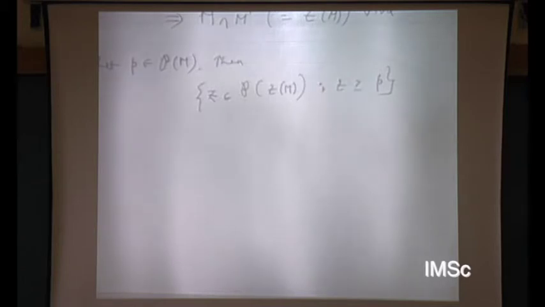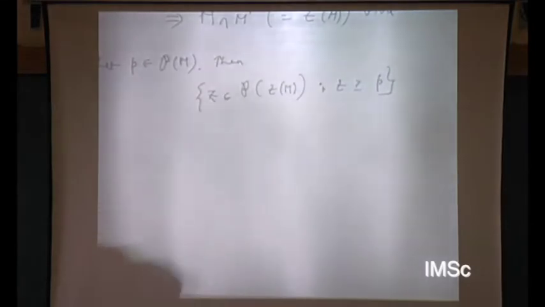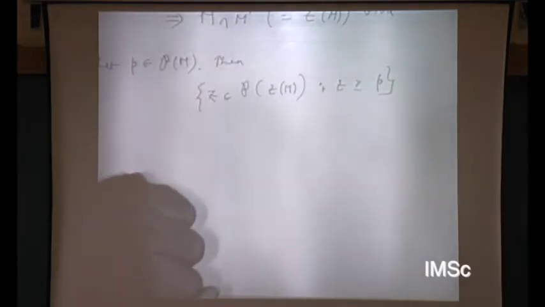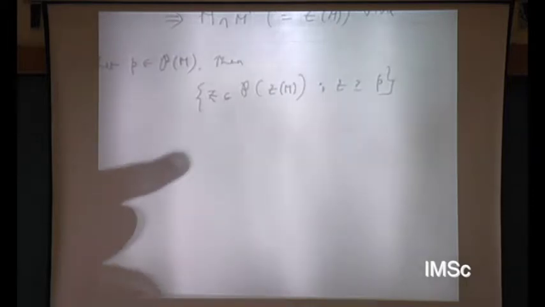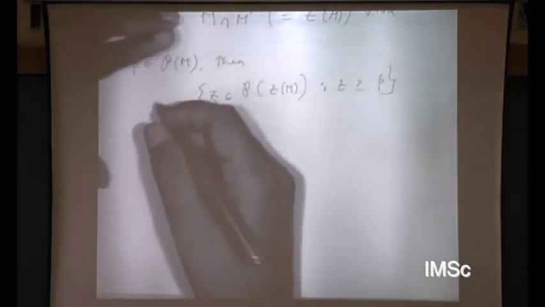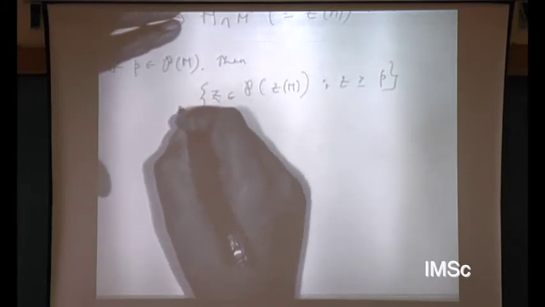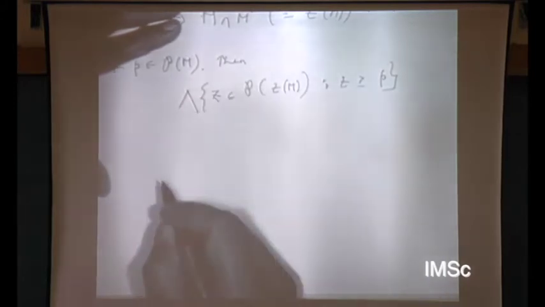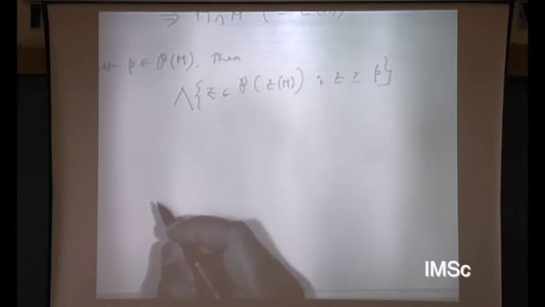I am saying look at all central projections which are bigger than P. There is at least one thing there, namely the identity. So this is a non-empty class, and so I can take the inf of this class. For any non-empty class, there is an inf and a sup.